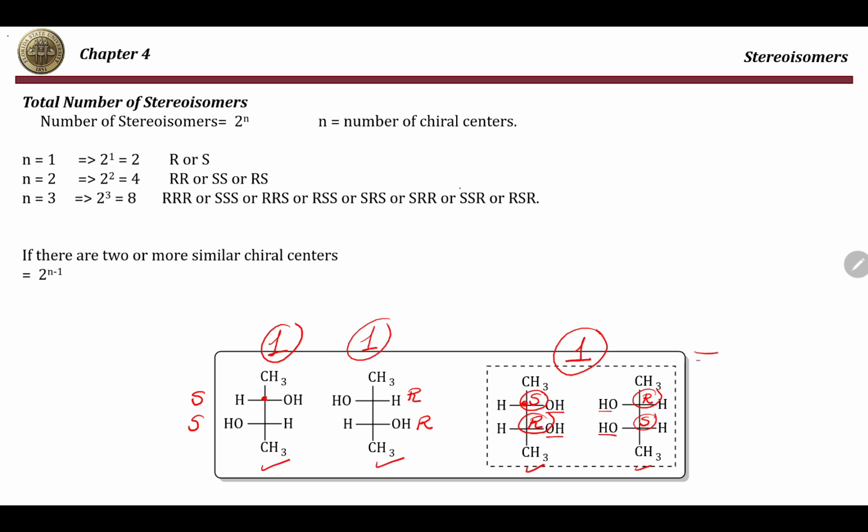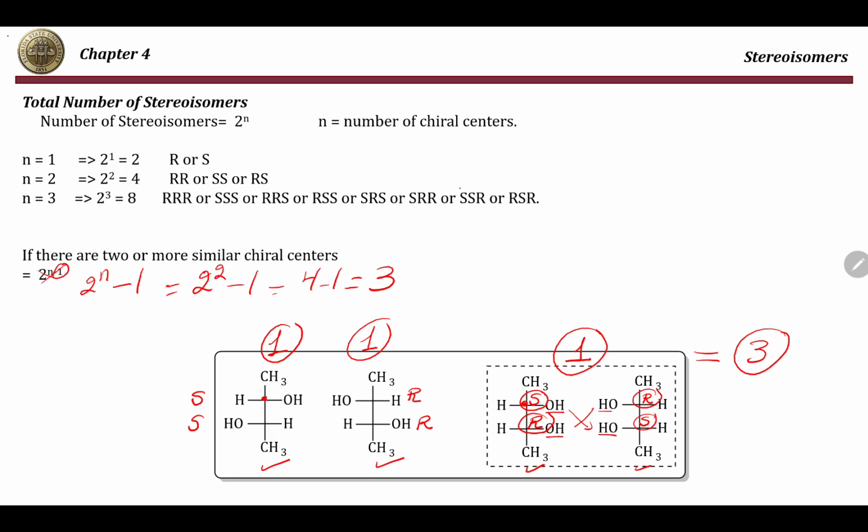So that's why the total number of stereoisomers is 3 instead of 4, and that's why the equation here is 2 to the power n minus 1, which is 2 squared minus 1, so 4 minus 1 equals 3. But again, this discussion is only valid if you have 2 similar chiral centers, because it's only in this case that you consider those 2 to be the same.